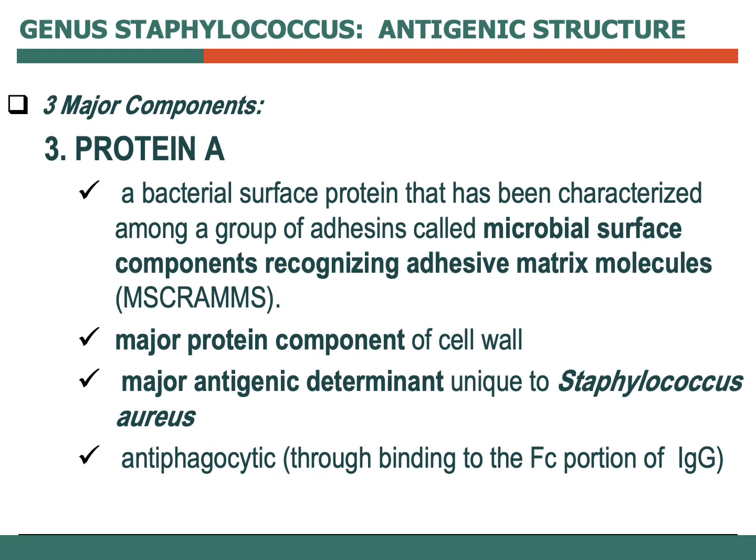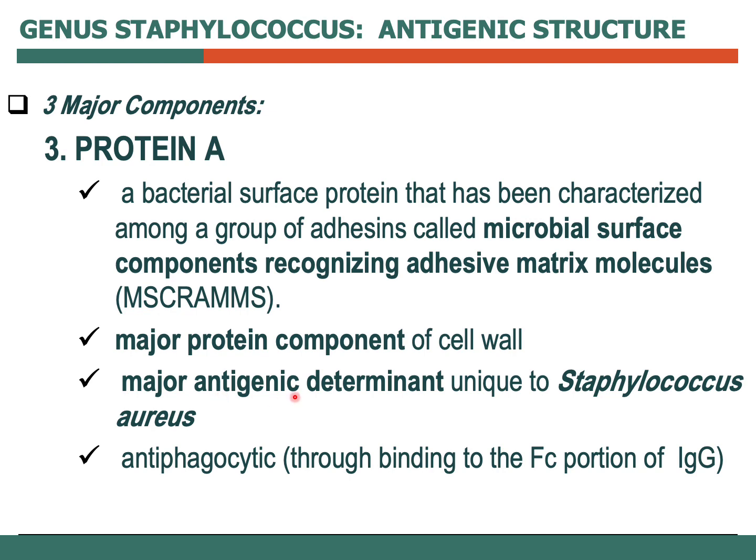The last structure is your protein A. Protein A is a bacterial surface protein that has been characterized among a group of adhesins called MSCRAMMs. What is MSCRAMM? Microbial surface components recognizing adhesive matrix molecules. This is a major component of the cell wall of Staphylococcus.